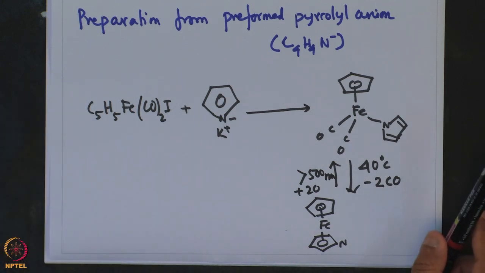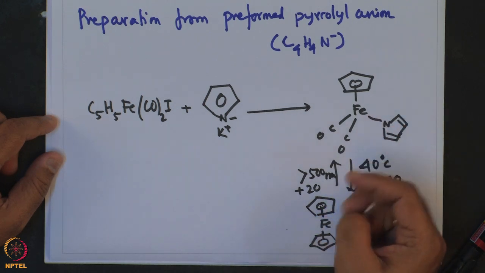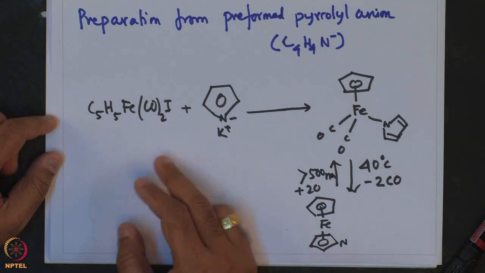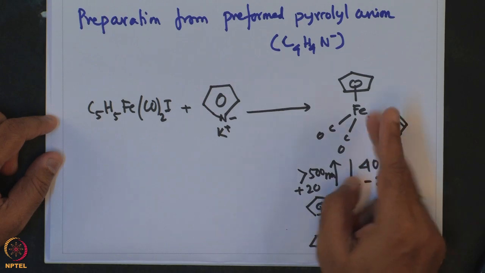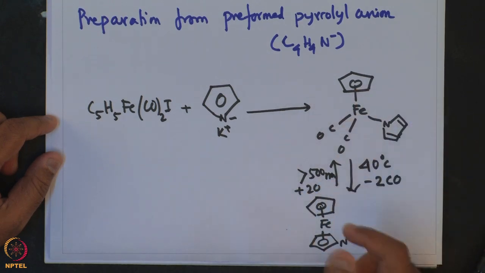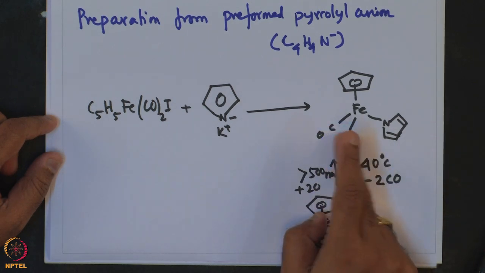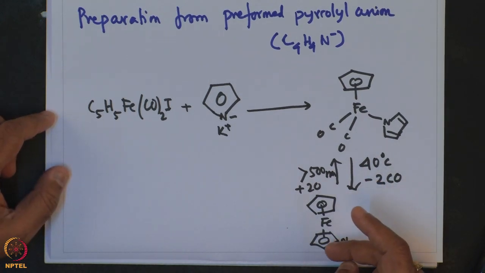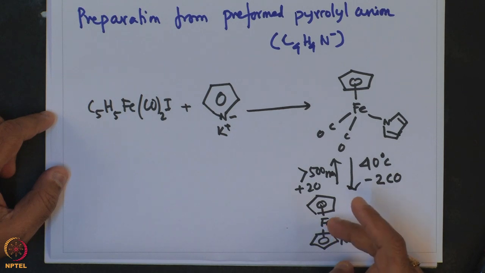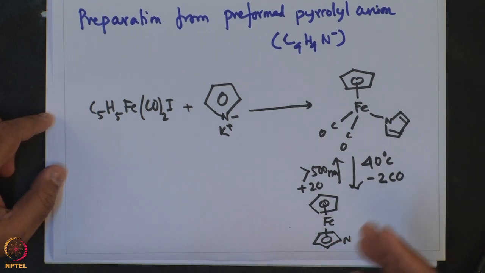So, this is a nice mixed ligand compound which can be formed from Cp iron dicarbonyl iodide with preformed pyrrolyl anion and giving eta 1 bound Cp iron dicarbonyl pyrrole, which on heating eliminates the 2 CO molecules and gives this mixed Cp azacyclopentadienyl iron complex, which is a mixed pyrrole Cp iron complex.